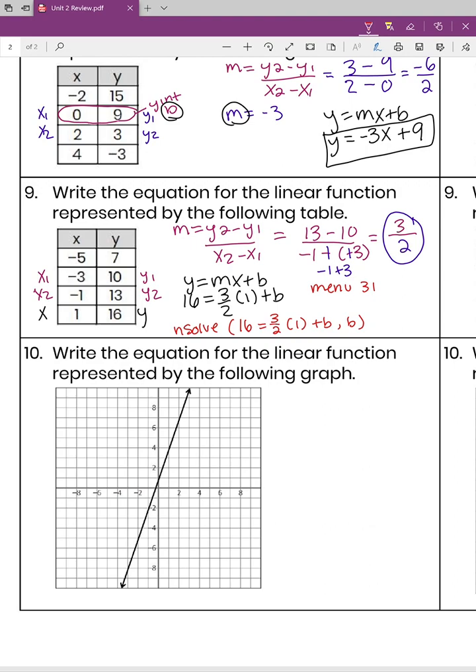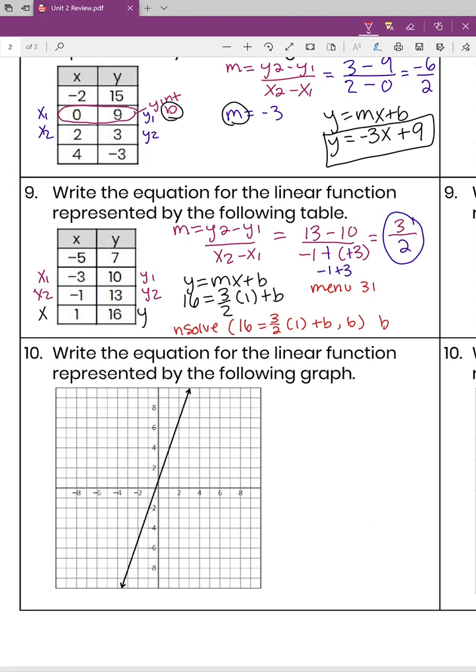And then you would get, I believe, a fraction. Let me do that math real quick. You would get 14.5.